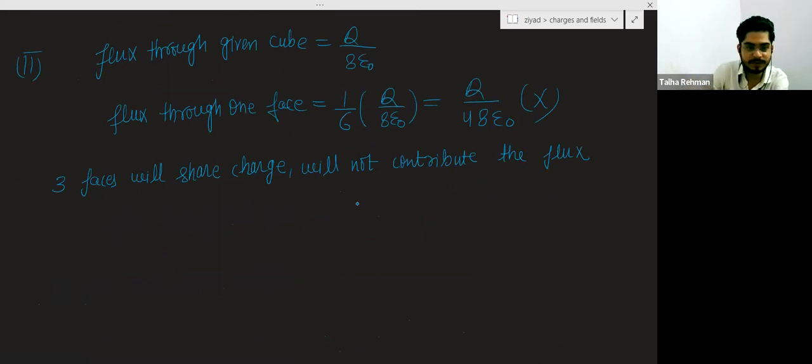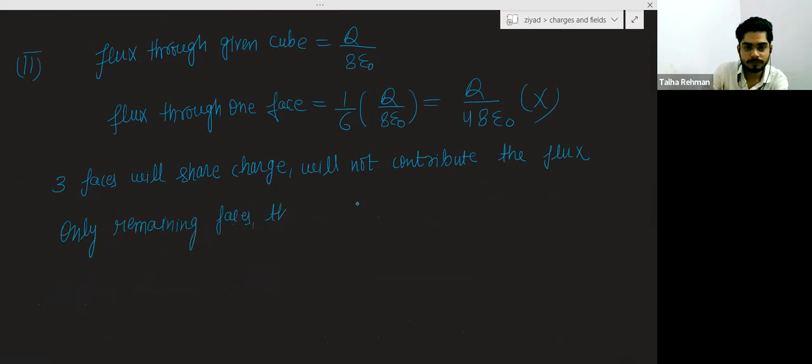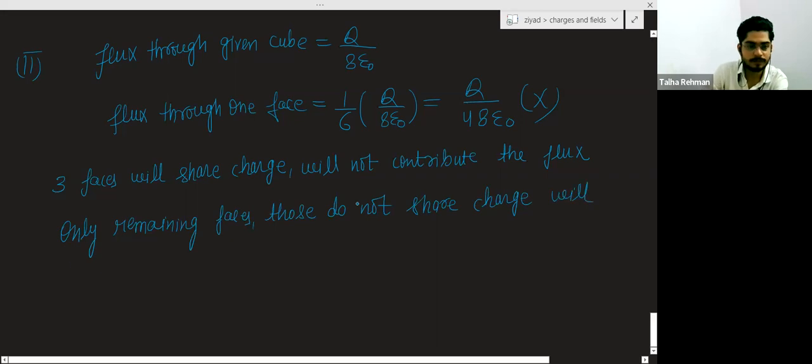So you can write: only the remaining faces, those that do not share the charge, will contribute to flux.